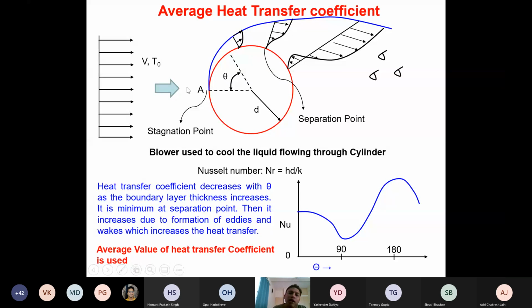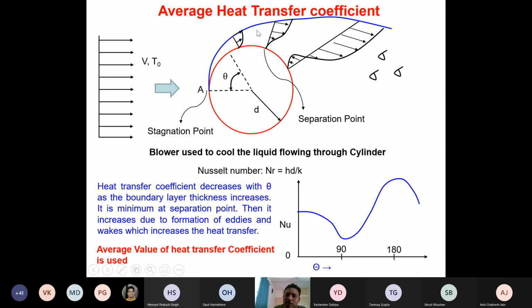When this fluid with a free stream velocity V and T naught reaches this particular point, which is the stagnation point, the velocity is zero. Then the boundary layer is formed, shown by a blue curve here, and within this boundary layer there is a velocity distribution.